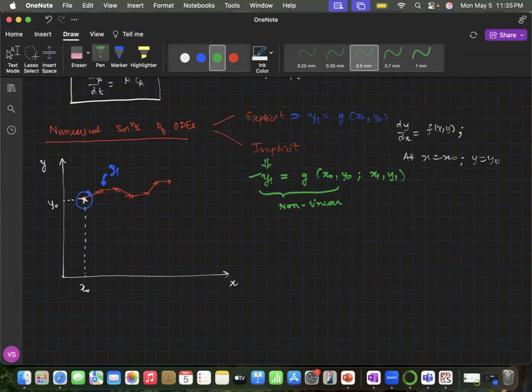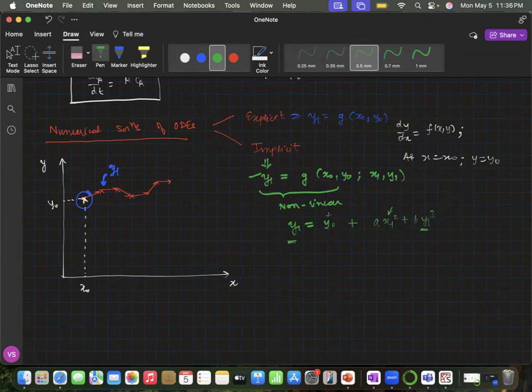So for example, let's say you might get y1 equals y naught plus, say, a x1 squared plus b y1 cubed, something of this kind. Now y naught is known to you, x1 is also known to you because that's the next step in x, but y1 is an unknown.